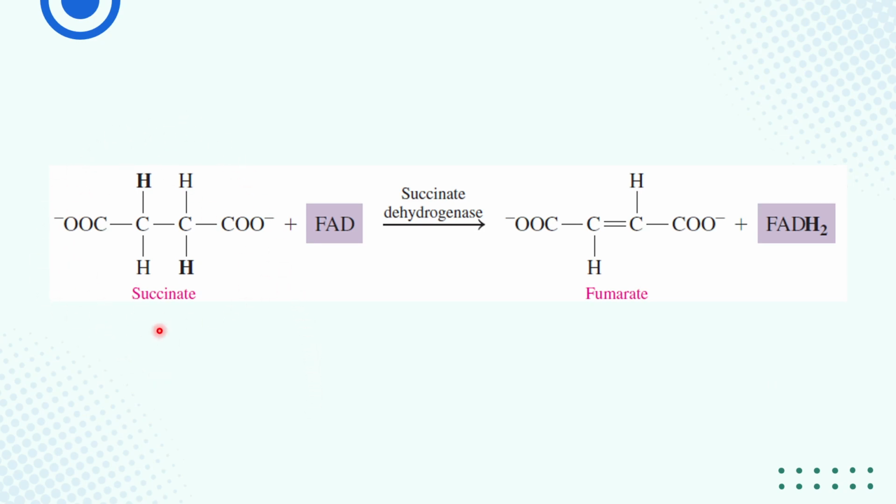So looking at the structure of your succinate, supposed to be in totality may 4 siya dito na hydrogen. So we will remove 2, and then yung pag-remove kids, transforming it now to carbon double bond, and yung mag-receive nung na-oxidized or na-removed na dalawang hydrogen would be your FAD, thus naging reduced form.